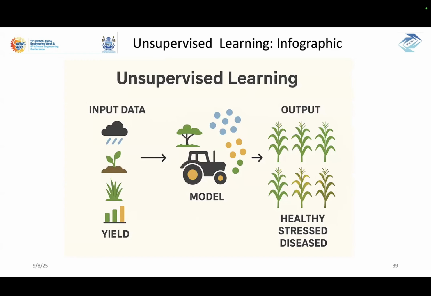You have your input data, you have yield, no training at all. You just put them in the model, and then they're clustered, the output. So you find the healthy maize is here, the stressed maize here, and the diseased maize is here. But nothing was trained. You just put your input in.